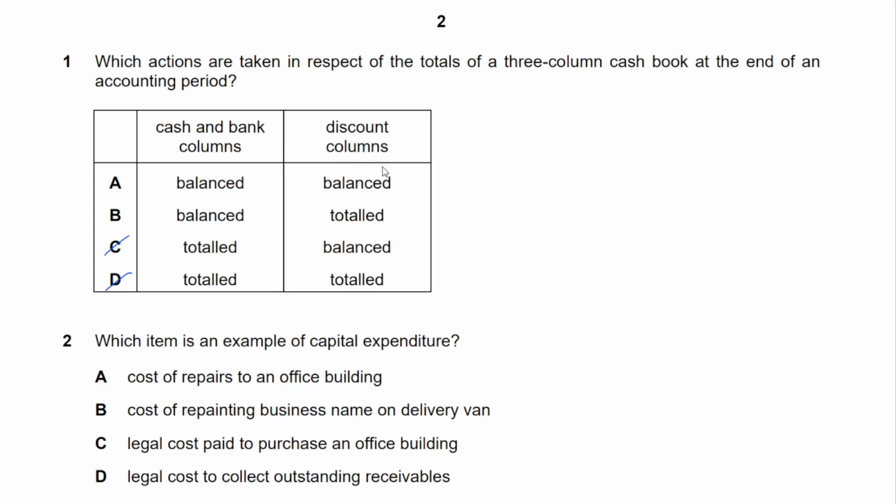The discount columns will just be totaled and then transferred to their own accounts. Okay, because the cash book is not the ledger account for the discount columns. It's just listed there, but the real entry of the discount accounts will be in their own accounts. Does that make sense? Okay, let's move on.